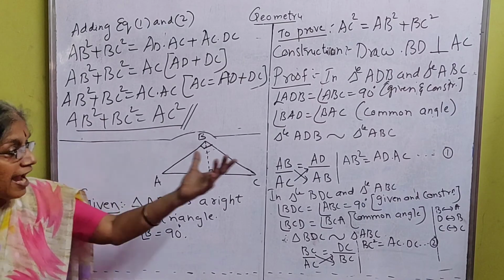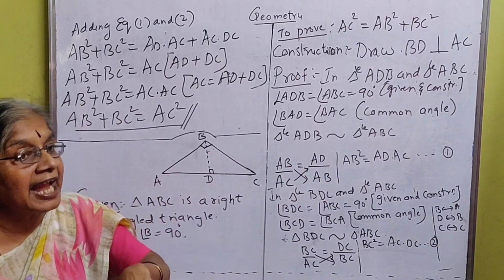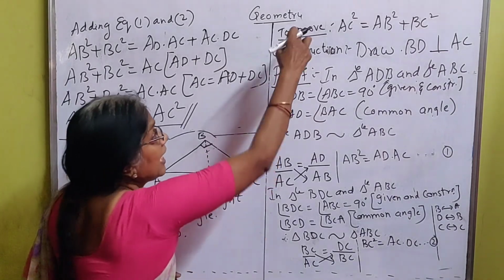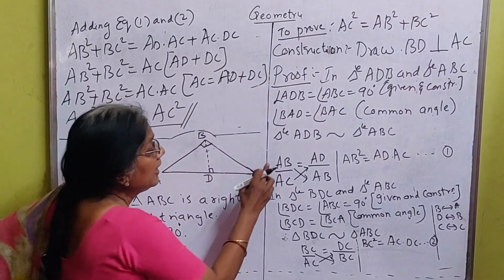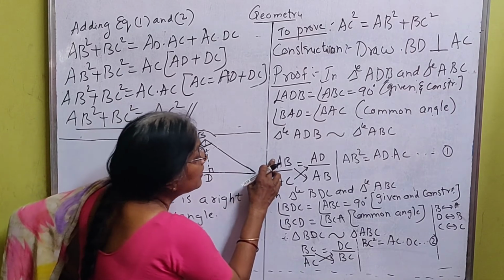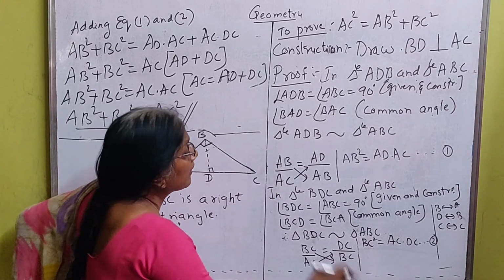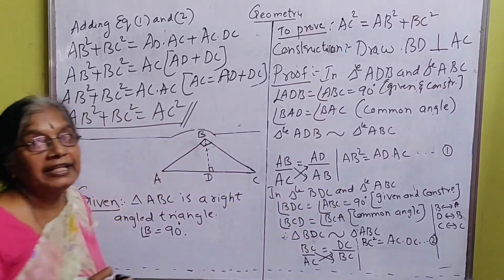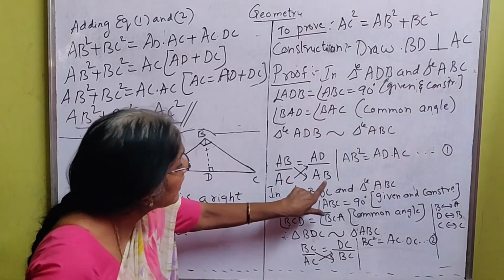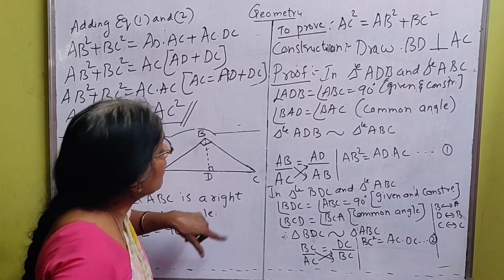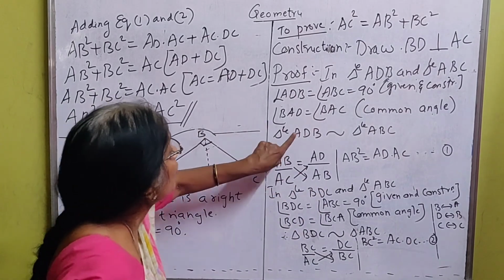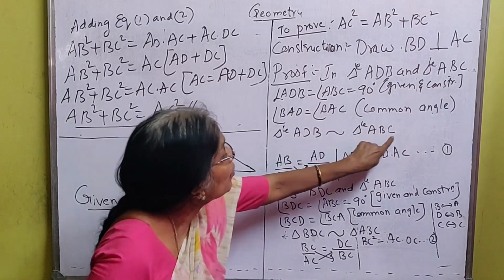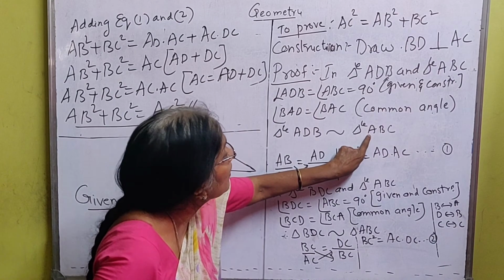If the triangles are similar, in similar triangles we can take the side proportion. Now I want AB square. If I want AB square, in the smaller triangle I write AB in the numerator, and in the bigger triangle AB should come in the denominator, because when I cross multiply I should get AB square. So I wrote AB and AB over here. Which side now do I have to take? AB, because A corresponds to A and B corresponds to C. So in the bigger triangle, AC comes.